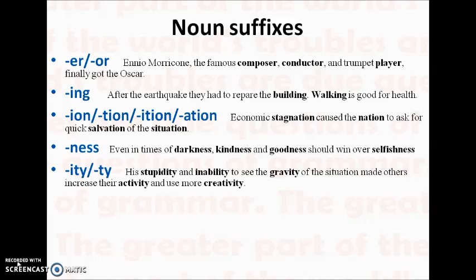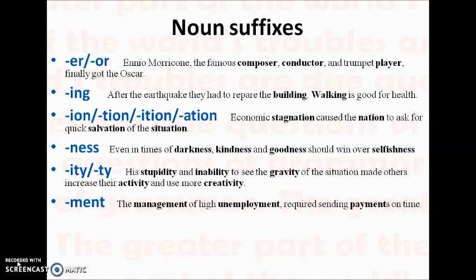Next, we have suffix -ment, like in management, unemployment, or payment. We use -ment when talking about an action or a result. Then we have -ery, like in brewery, bakery, or machinery.